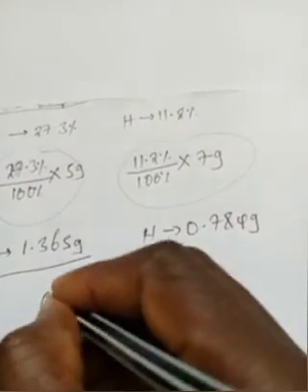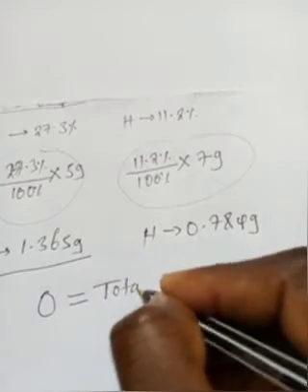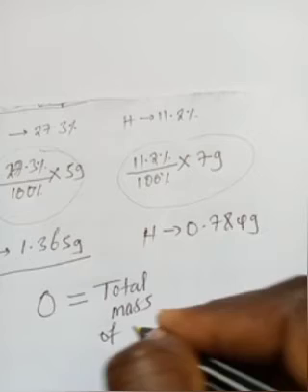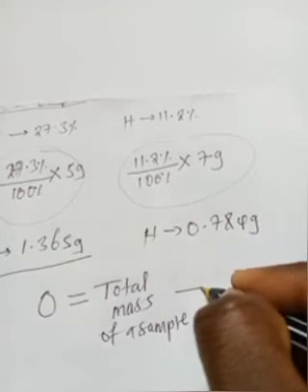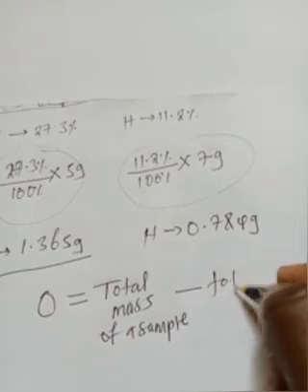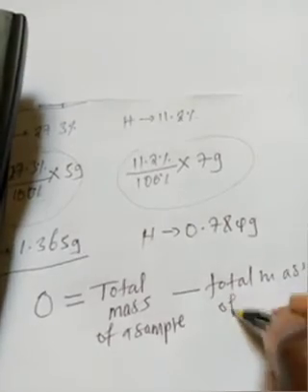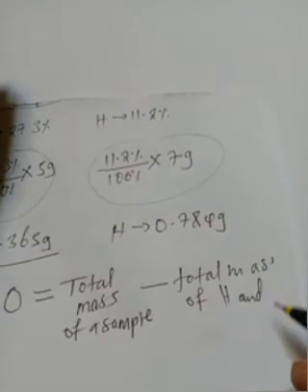You say oxygen has to be equal to the total mass of the sample minus the total mass of hydrogen and carbon.